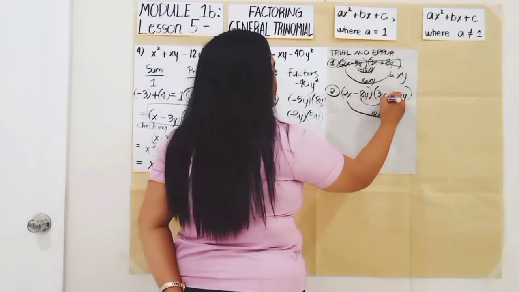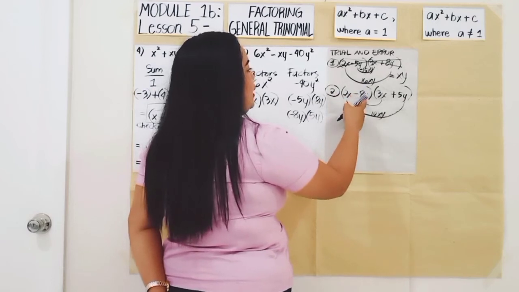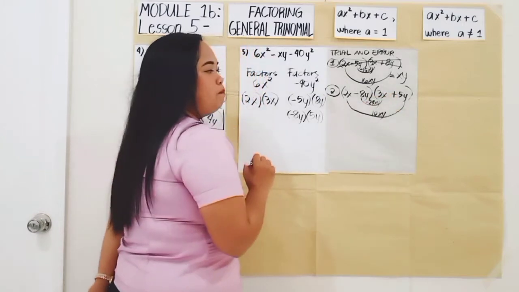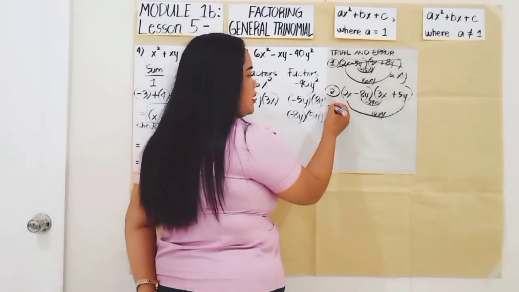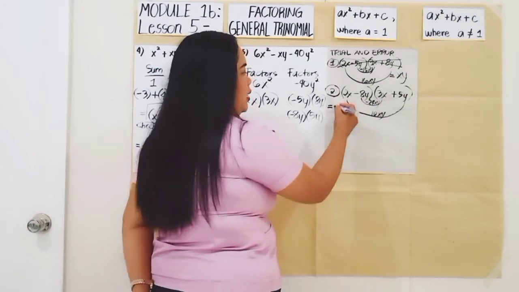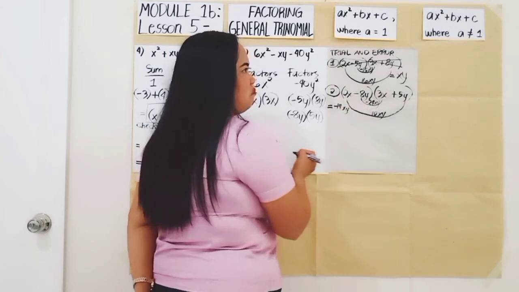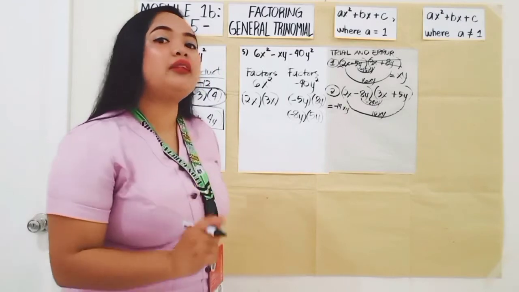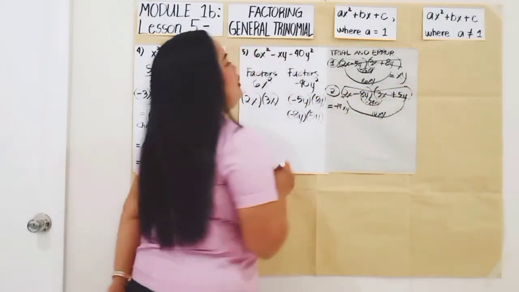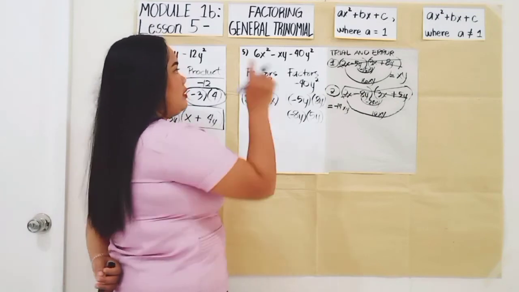Now, you multiply the inner terms. Negative 8y times 3x. Negative 24xy. If you are going to add, what is the result? Negative 24xy plus 10xy. That is negative 14xy. Is this our middle term in the given trinomial? Again, no. Okay? So what are the factors of the trinomial?